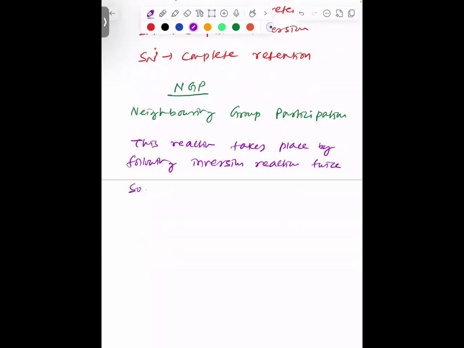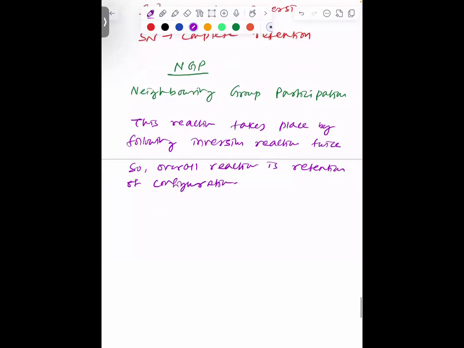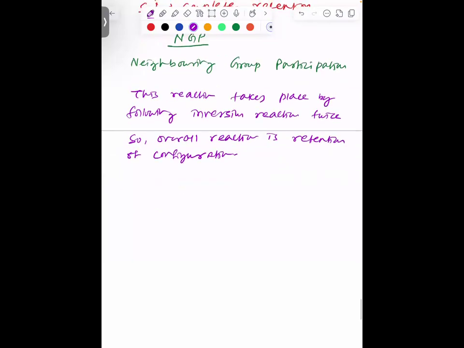So the overall reaction is retention of configuration. Understood? Now how will we write it?